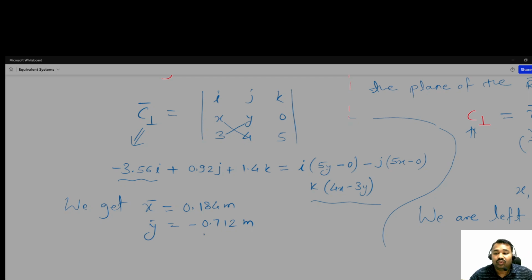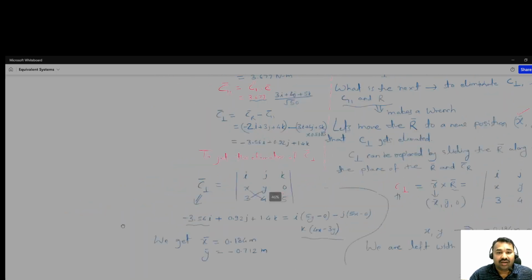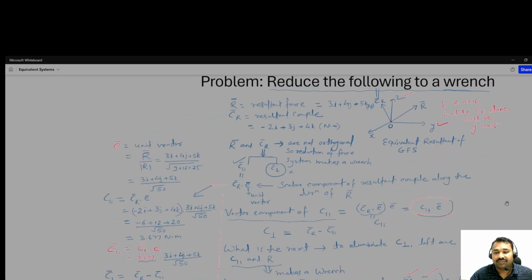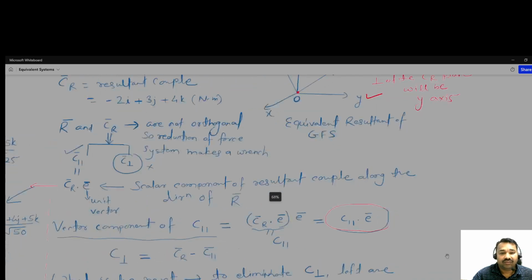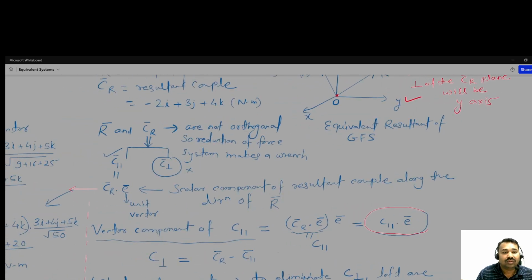Once again, how we got it? I'm going to summarize quickly. As we have the resultant force and the resultant couple, we know how to resolve the resultant couple into two parts: C parallel, which is parallel to the resultant force, and C perpendicular, which is perpendicular to the resultant force.